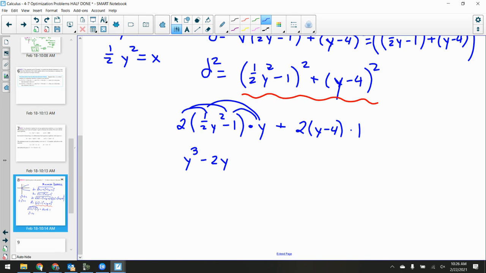The 2 coming in takes away the coefficient minus 2, and then I bring in the y. Y to the third minus 2y, plus 2y minus 8. Oh, and how fancy. So y to the third minus 8.